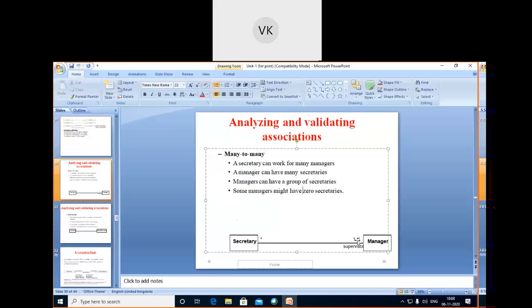Similarly, a manager can have zero secretaries or a number of secretaries. This star means zero or many, so from secretary to manager, a secretary can work for one manager or many managers. Similarly, the association from manager to secretary is that a manager can have zero or a number of secretaries, so this relationship we may call a many to many relationship.